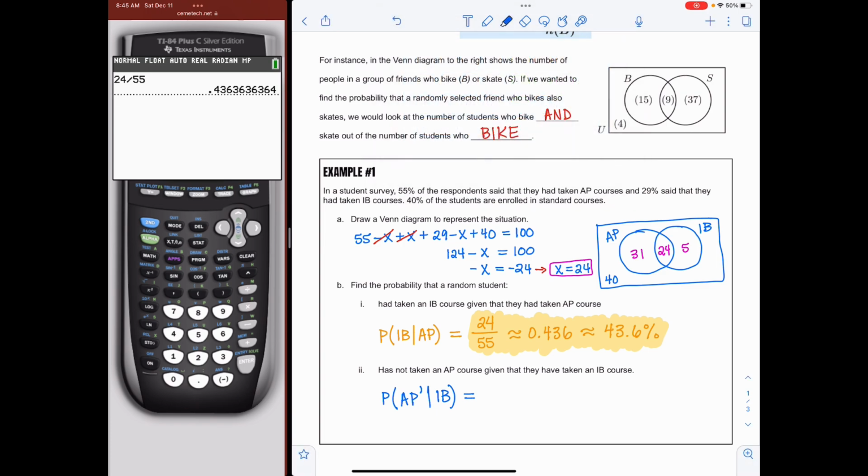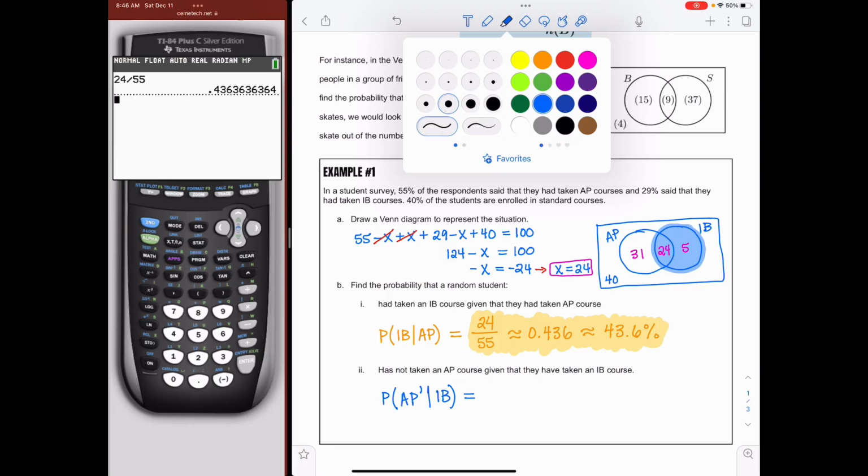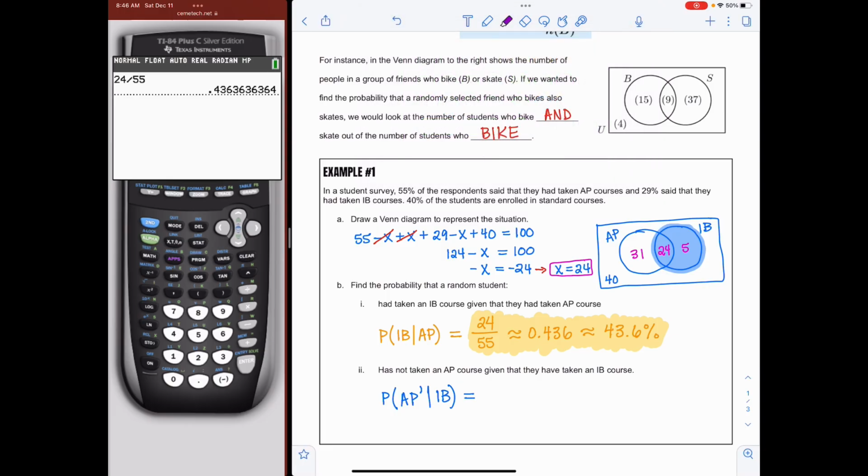So what we have to do here is we have to look at the IB course. So my IB course is here. So out of these students in here, how many students have not taken an AP course, which means that we will be dealing with these 5 people in here. So that will end up being 5 out of 29, because 29% took an IB course and 5% only took IB.